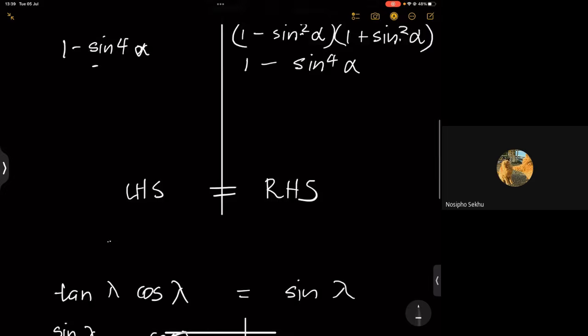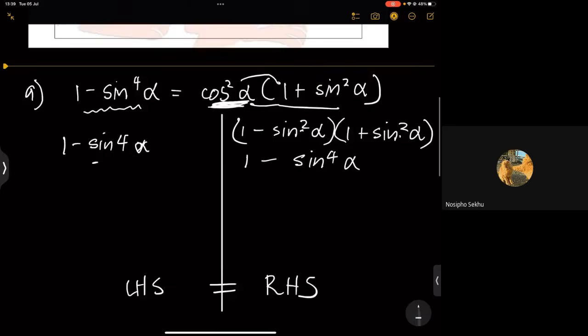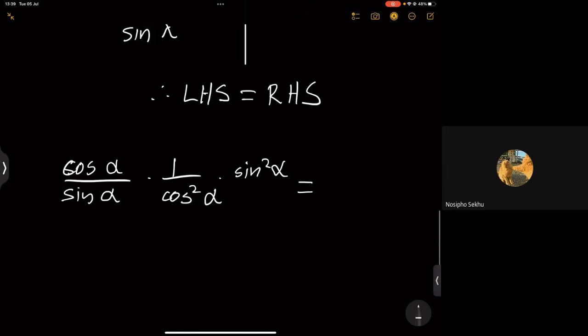And we are trying to prove that this is equal to just simply 10 of alpha.